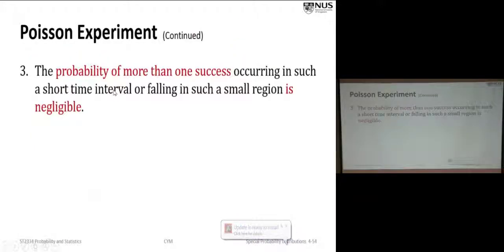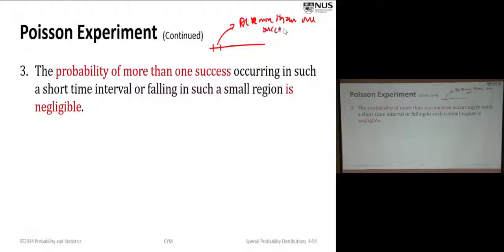The third one is that the probability of more than one success occurring in such a short interval is negligible. In other words, the probability of X, the number of successes, being more than one is negligible, almost equal to 0.